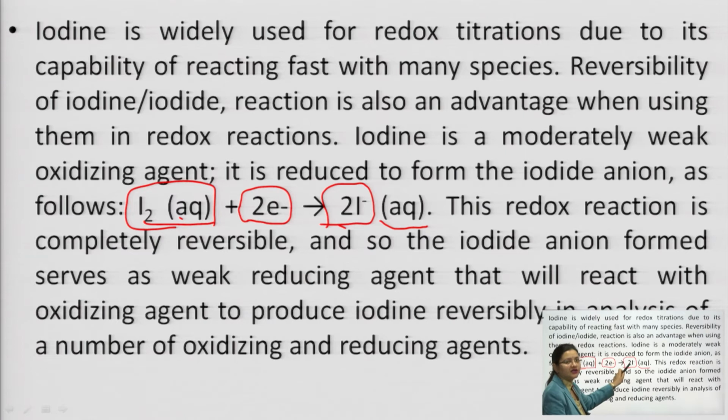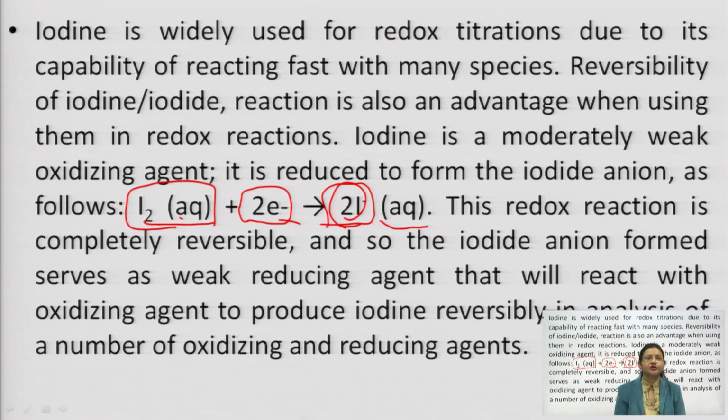Depending upon the reaction conditions, iodide can serve as a very good reducing agent. By eliminating 2 electrons, it can get converted into iodine at any time of the reaction. And iodine, by absorbing 2 electrons, can convert into iodide ion at any time, depending upon the reaction condition.